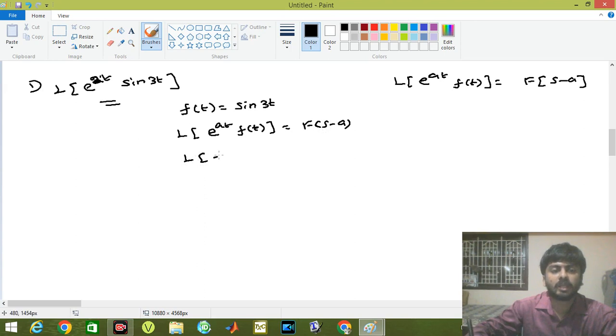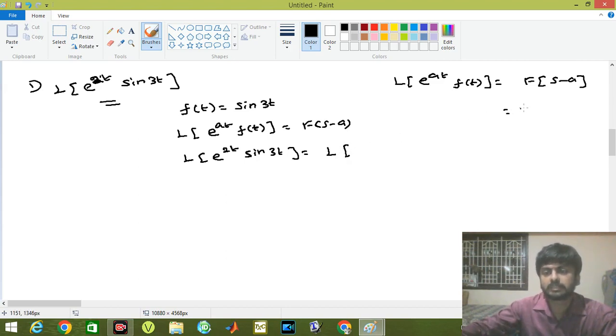Here L of e power 2t sin 3t is nothing but L of f of t with s tends to s minus a. I can write it like this.